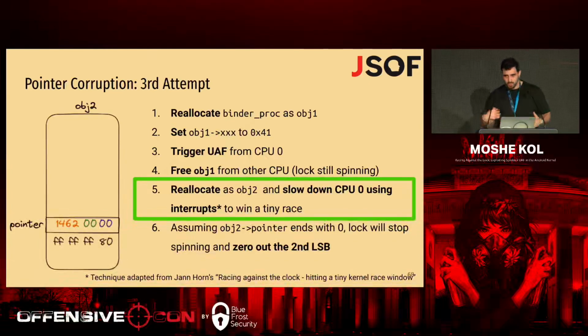So we will have an interrupt triggered while the lock is spinning. So it will see the kernel pointer and won't see this memory being initialized to 0. And we do this using a technique adapted from Jann Horn's article, Racing Against the Clock, in which he uses high-resolution timers to raise an interrupt on a specific core at a specific absolute time. So this actually works.